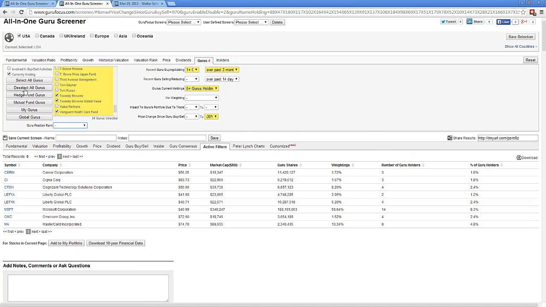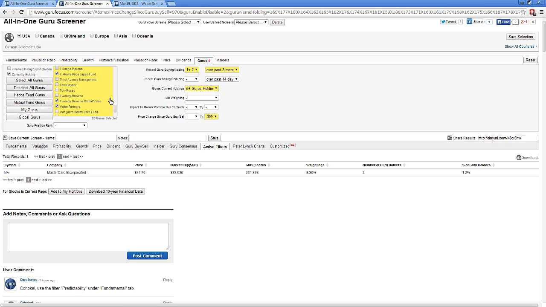There's also global gurus, which is people in different countries buying stock that are managing money, or local managers that invest abroad. So when I clicked my global gurus, it immediately selected the fund managers on here that are investing overseas. And so that's going to immediately show you what the opportunities are.